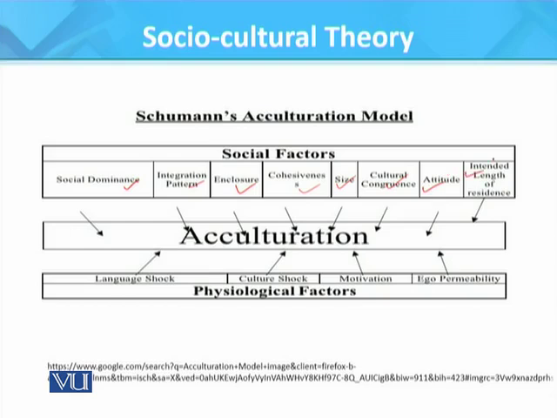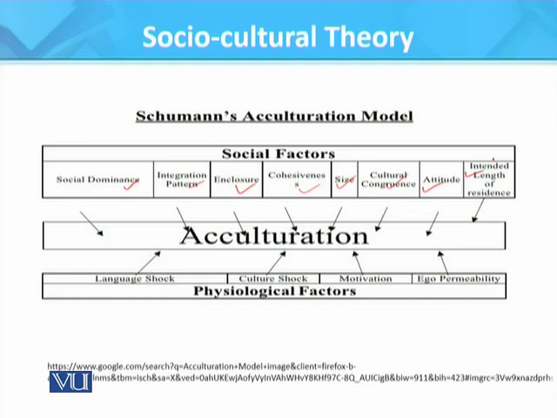Intended length of residence: the longer the second language learner plans to remain in the target language environment, the more likely it is that the process becomes conducive and effective in developing a particular skill or competency.